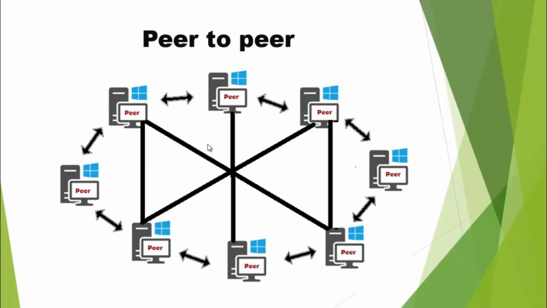And in a peer-to-peer network there is also no centralized security, because all computers act as a client or a server at a time, so there is no centralized security in this network.